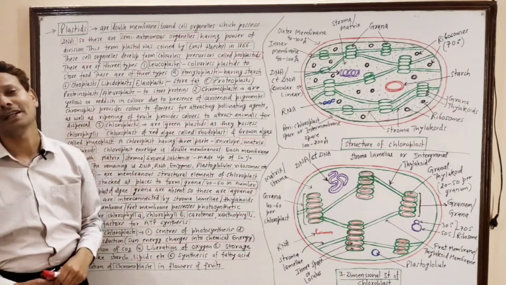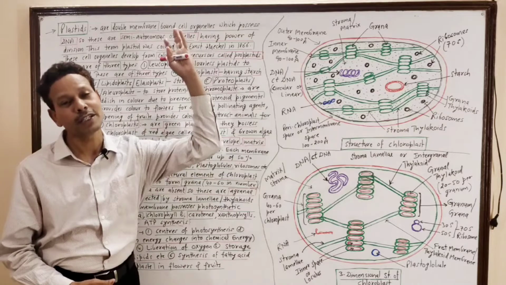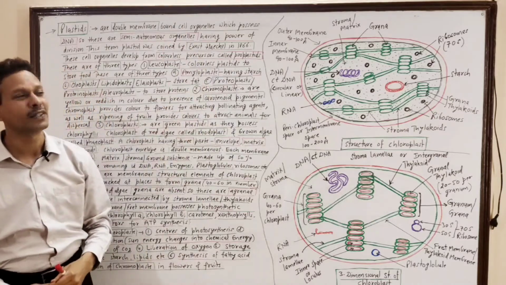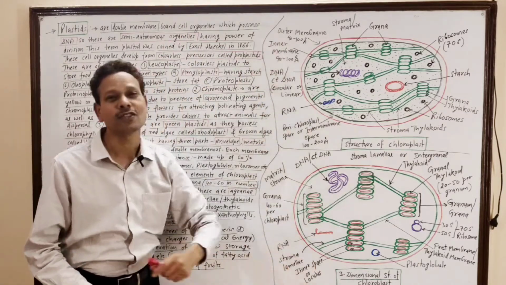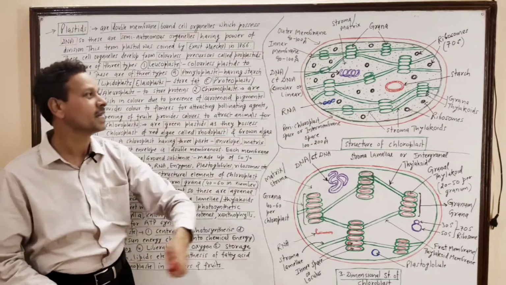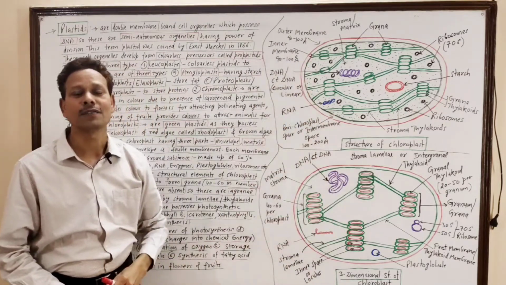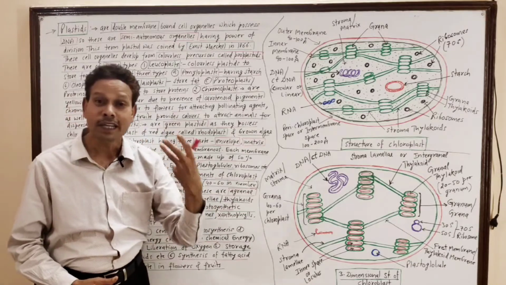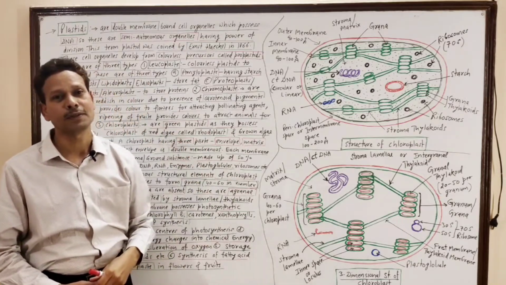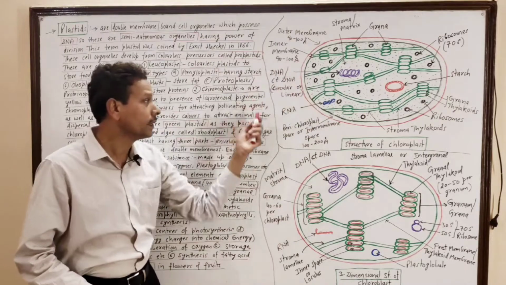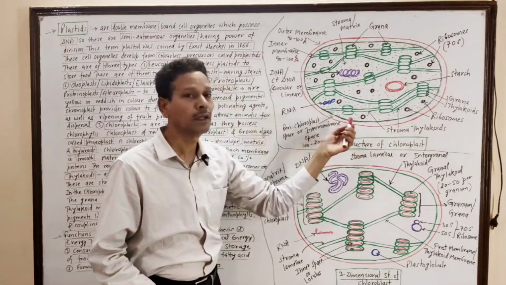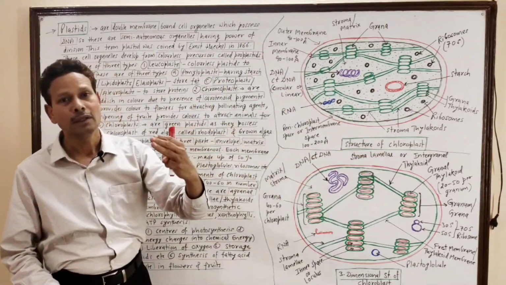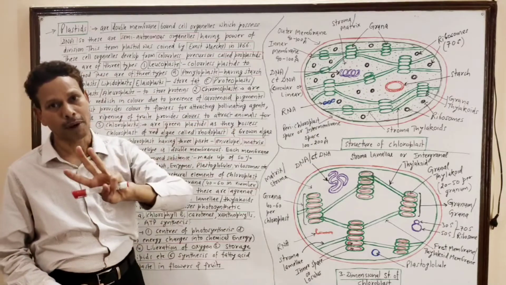And a very important type of plastid, that is chloroplast. Dear students, in today's lecture, especially we will discuss chloroplast. These are green plastids. Note down, green plastid chloroplast. And these chloroplasts have three parts.